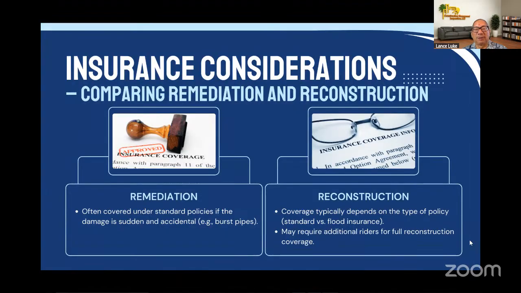So be careful. Then the reconstruction coverage typically depends on the type of policy, standard versus flood insurance. If you're a condo, it's an HO6, and then you figure on if the master policy would step in after the deductible. It could be 25, it could be $50,000. And then may require additional riders for full reconstruction coverage. So it's best to check your own insurance policy for the coverage.